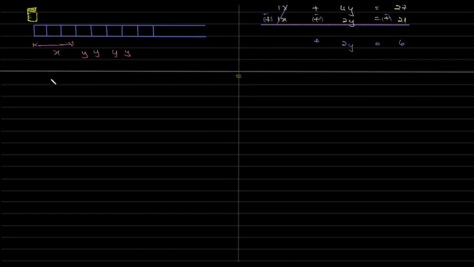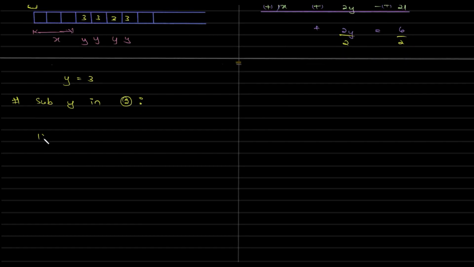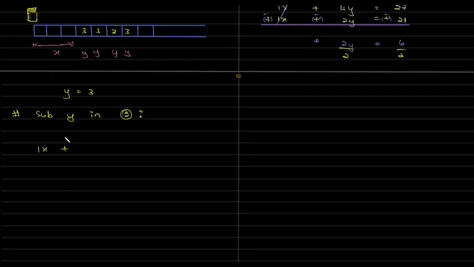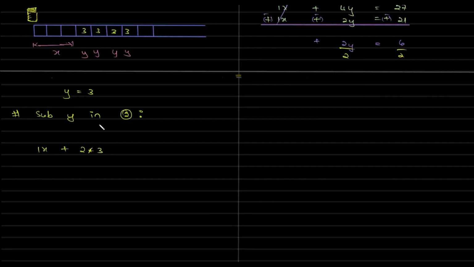Dividing both sides by 2, y is equal to 3. So per day you are charged rupees 3. Now the first 3 days we need to find. To do so, we can substitute y in equation 2. So we have 1x plus 2 into 3 equal to 21.